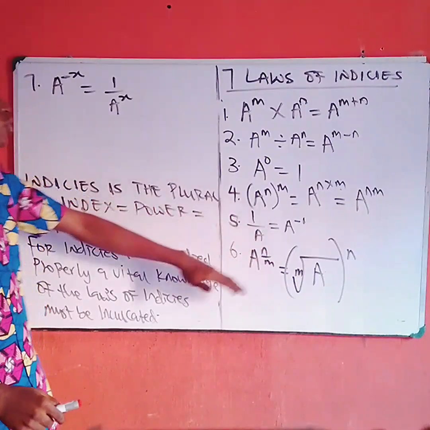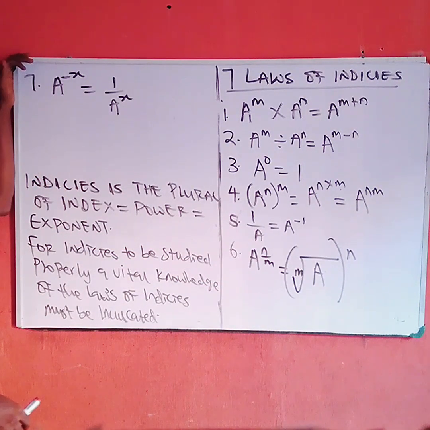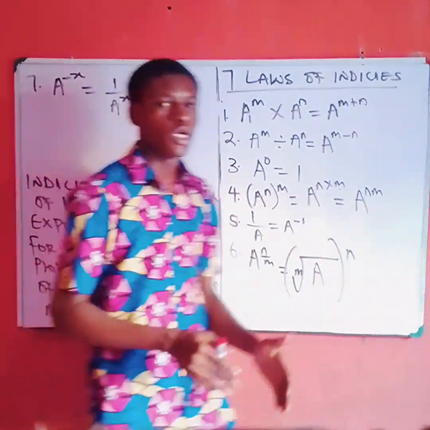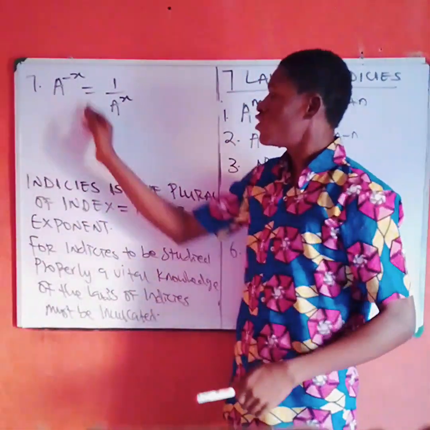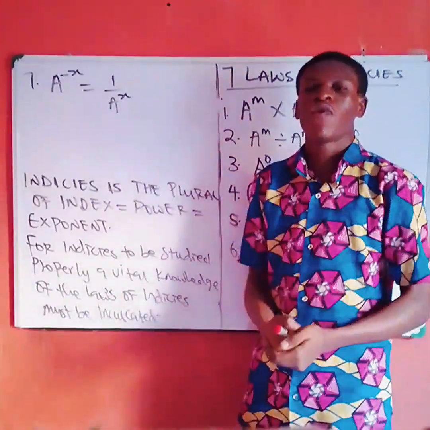So it's still the same thing. All those things are just at their own pace. a raised to the power of minus x is equal to 1 over a raised to the power of x.